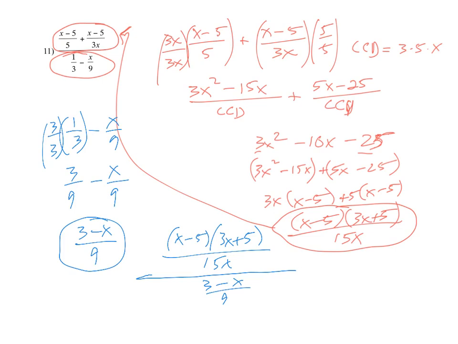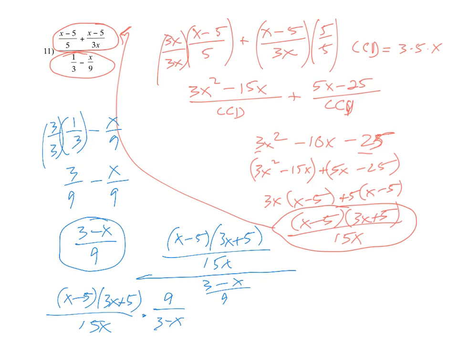It's just a big ugly fraction divided by a not quite as big an ugly fraction. But we're going to get x minus 5 times 3x plus 5 over 15x times, now we're going to flip this guy, 9 over 3 minus x.